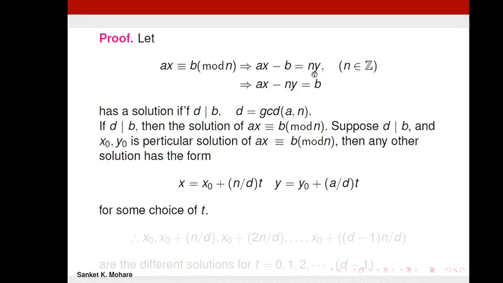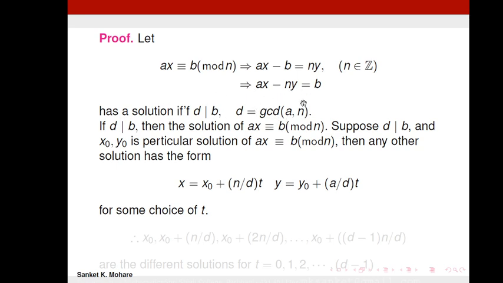If we shift ny to the left side and −b to the right side, we obtain ax − ny = b. This is the same as a linear Diophantine equation, which has a solution if and only if the GCD of a and n divides b, where d is the GCD of a and n.